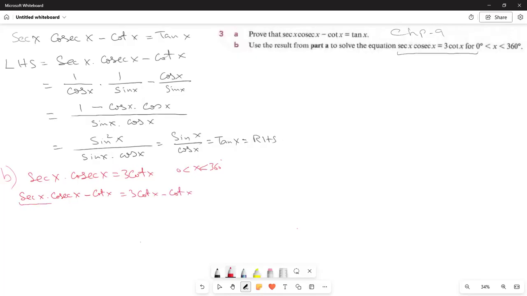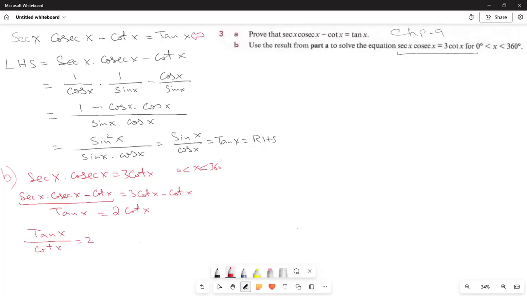So the left side will become tangent x, as we showed in part A. So tangent x equals 3 cotangent minus 1, which is 2 cotangent x, right? Tangent x divided by cotangent x is equal to 2.